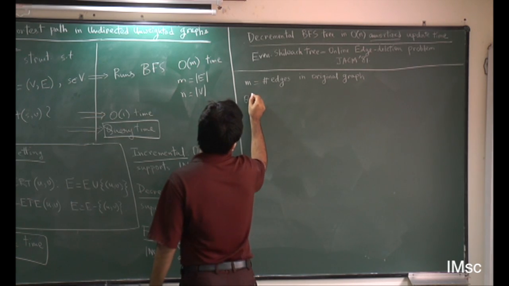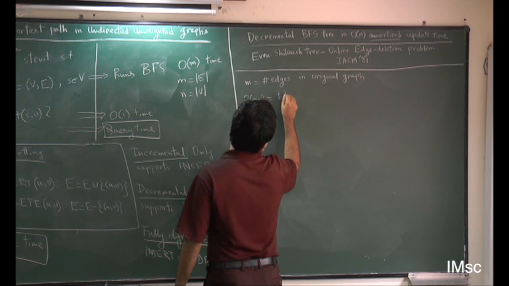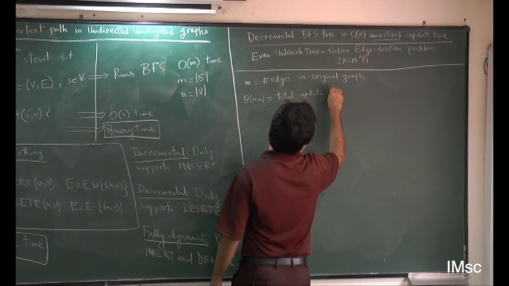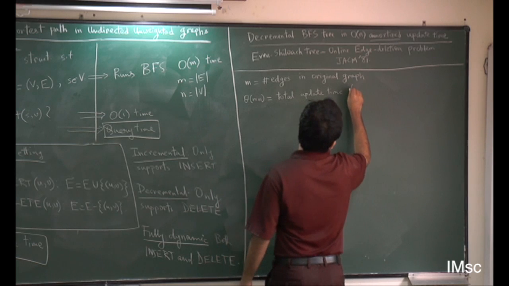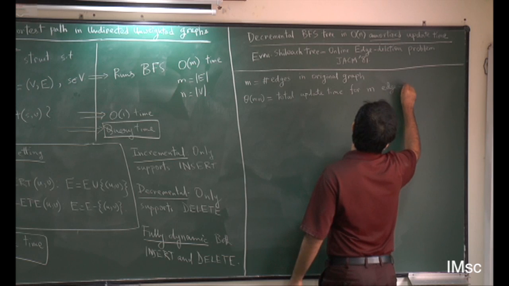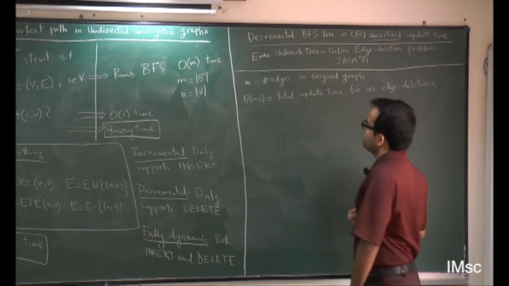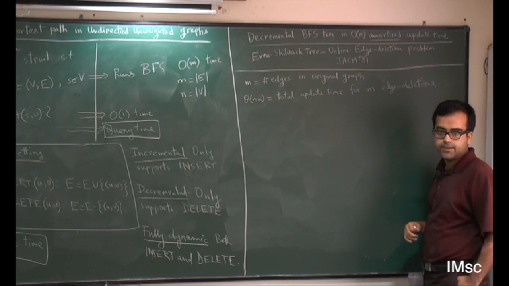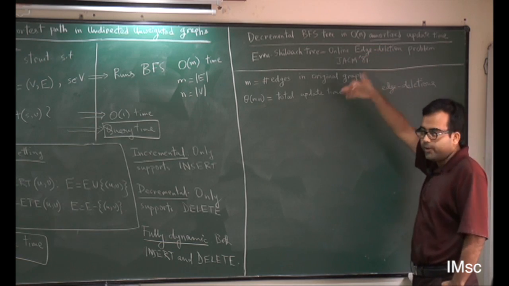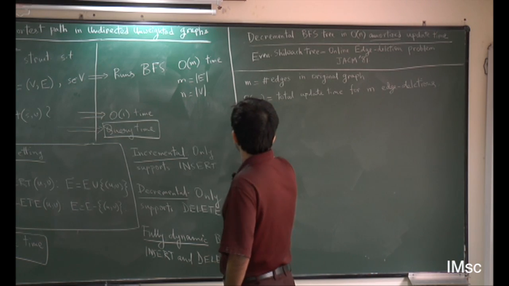And it just means that theta of mn will be the total update time for m edge deletions. So, on average you are spending n time per deletion. If it were not the case, we would have said that this is worst case update time. So, for every edge deletion you would have spent n time, but this is only an amortized bound.